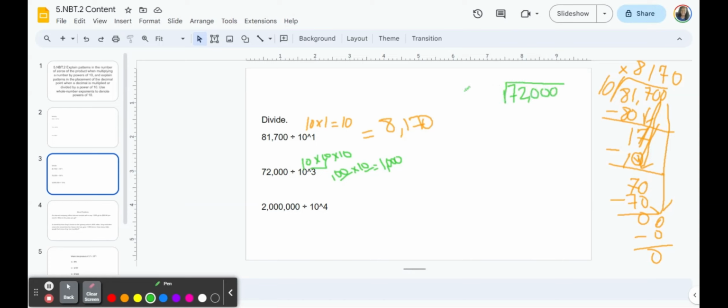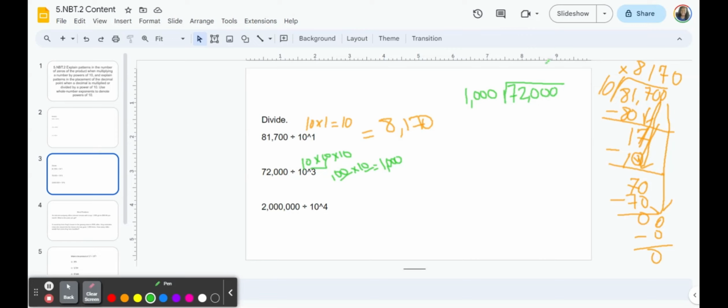divided by 1,000. Will 1,000 go into 7? No. Will 1,000 go into 72? No. What about will 1,000 go into 720? No. What if we said, will 1,000 go into 7,200?